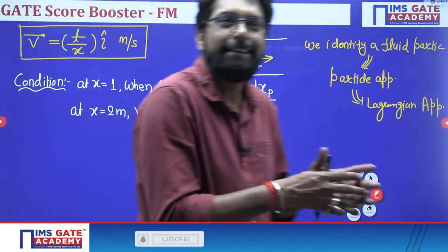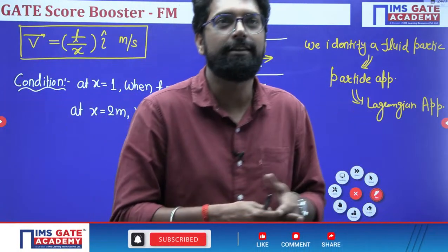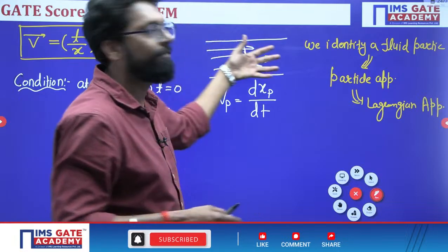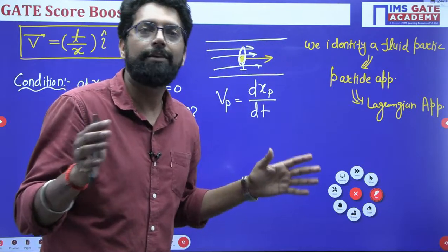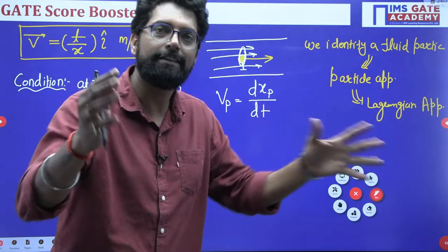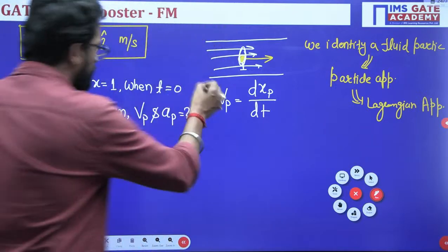That means Lagrangian and Eulerian can merge. If the velocity of the field is the same as the velocity of the particle, we cannot identify what is Lagrangian and what is Eulerian. Both are the same approach.